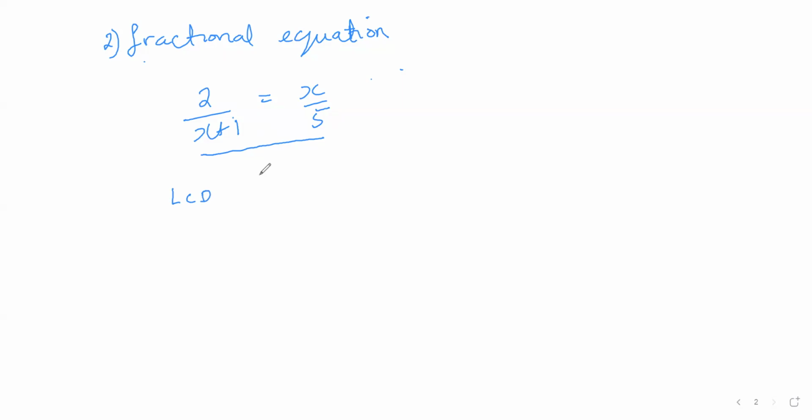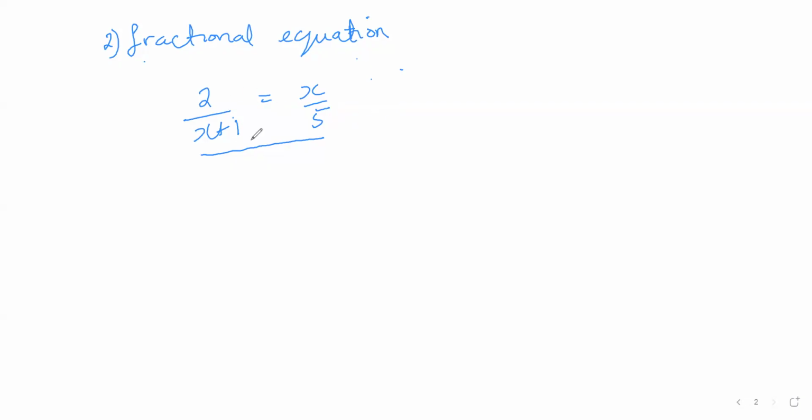Put all denominators together, combine them as 1, and then eliminate all denominators. Once you have eliminated all denominators, your equation will reduce to a linear equation that you can solve using the method we just saw a while ago. So that's basically how fractional equations are solved.